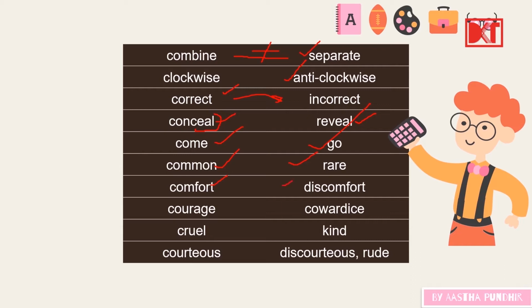Comfort and discomfort, courage and cowardice, cruel and kind, courteous could be the opposite of discourteous or rude. Alright, these are a few antonyms. They are the opposites of each other, which means what combine means is the opposite of what separate means, and so on and so forth.